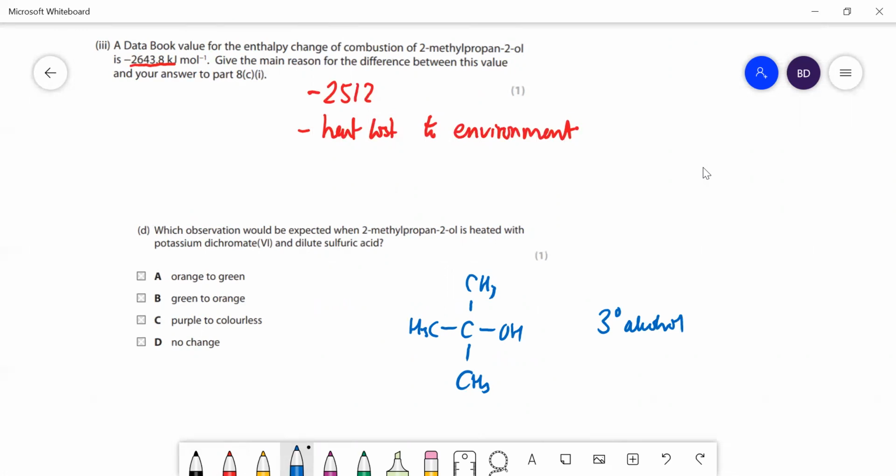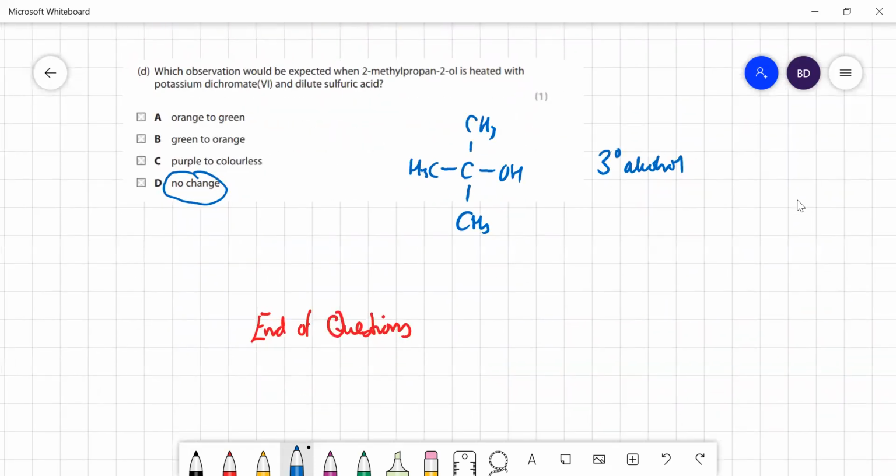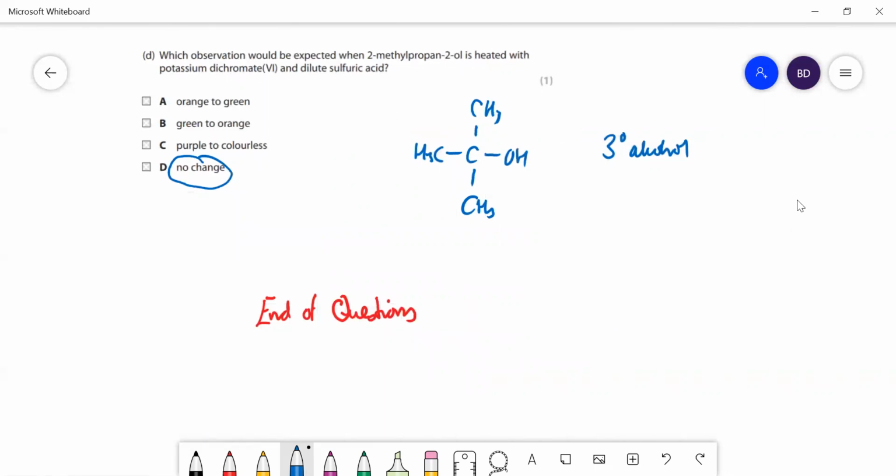So that means that the dichromate will remain orange. Dichromate, remember, if it does oxidize something, it gets reduced itself to the green chromium, orange to green. That only happens with primary and secondary alcohols, not tertiary. And that is the end of the questions there.